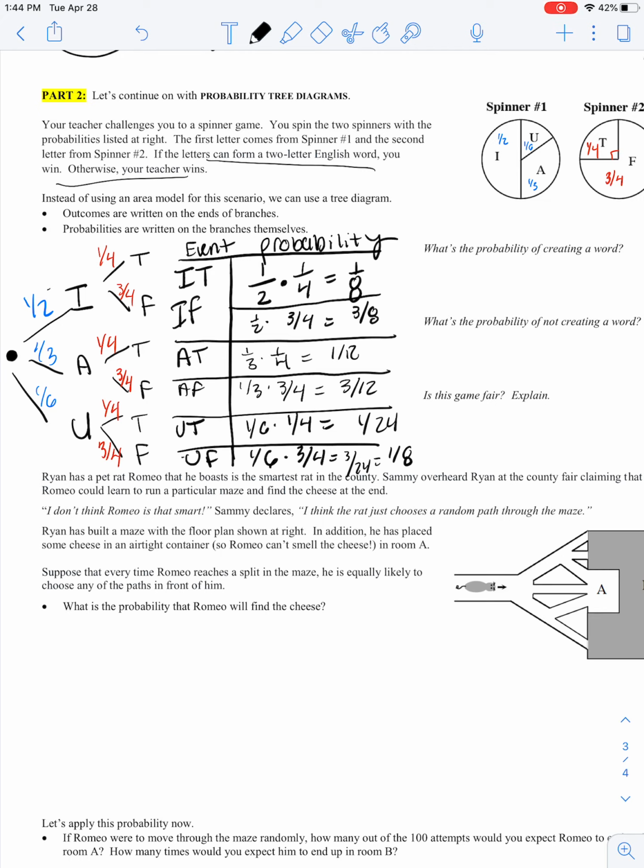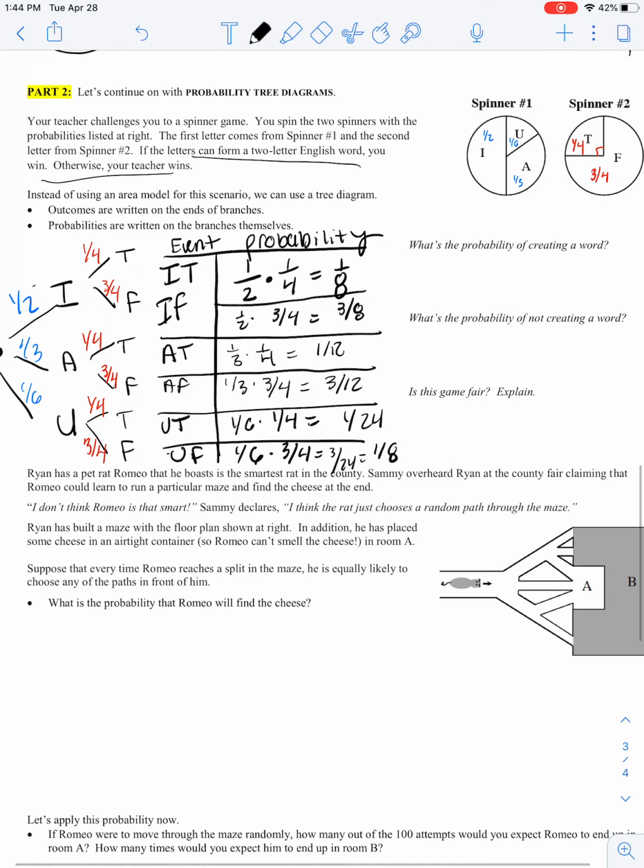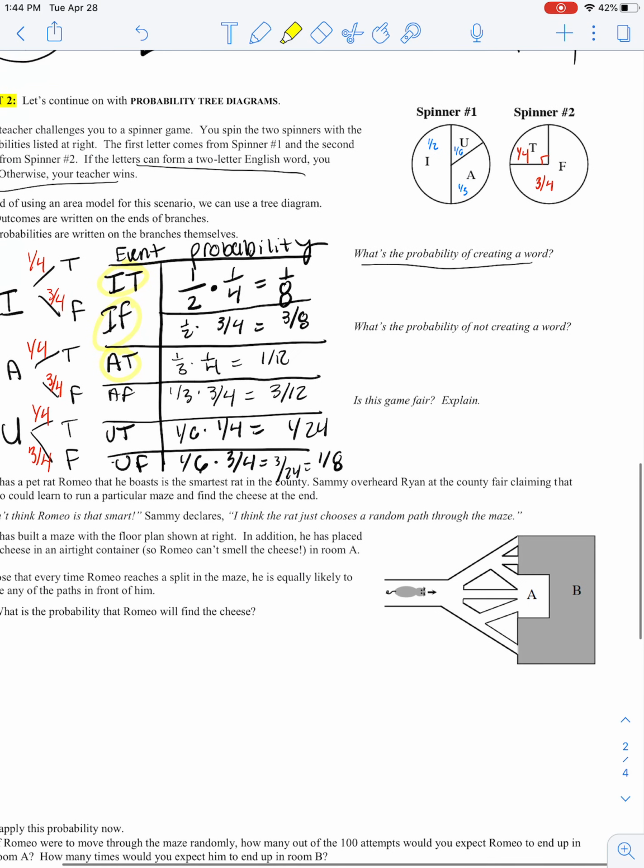Okay, so let's look at the questions and figure that out. What is the probability from spinning spinner 1 and then spinning spinner 2 of creating a word? Well, let's look. Which ones create a word? IT is a word, AT is a word, and IF is a word.